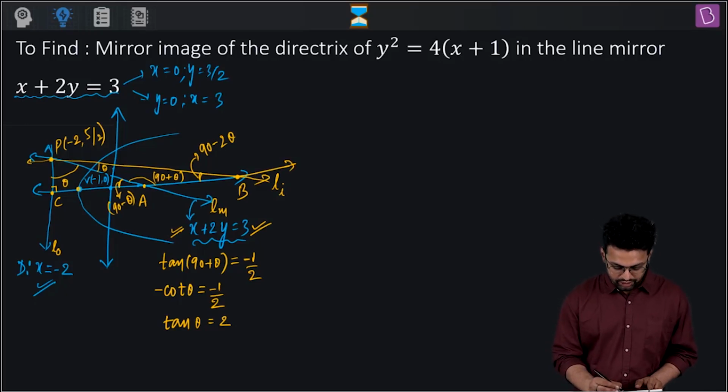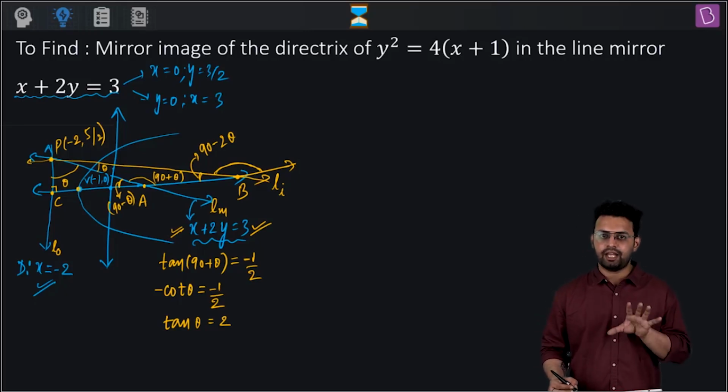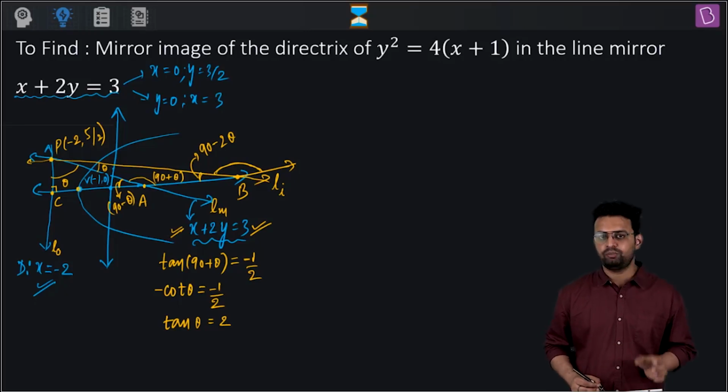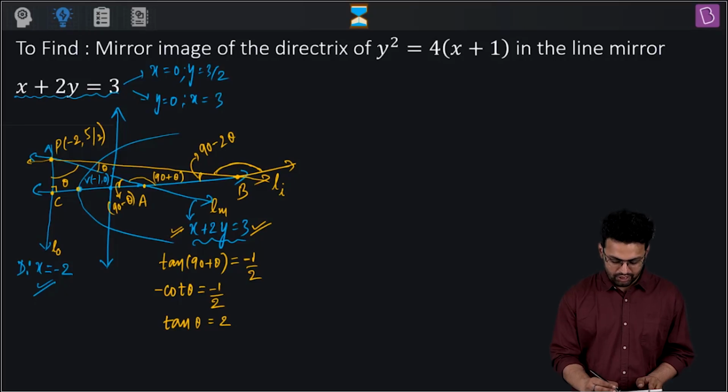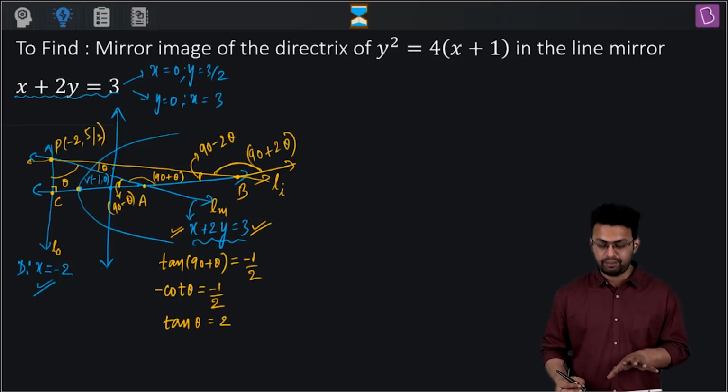Now, can you tell me what the inclination angle of the image line is going to be? So it is going to be 180 degrees minus 90 minus 2 theta. What you will get? Yes, now you will get this angle as 90 degrees plus 2 theta. Is it understood? That means the inclination of the image line is 90 plus 2 theta.